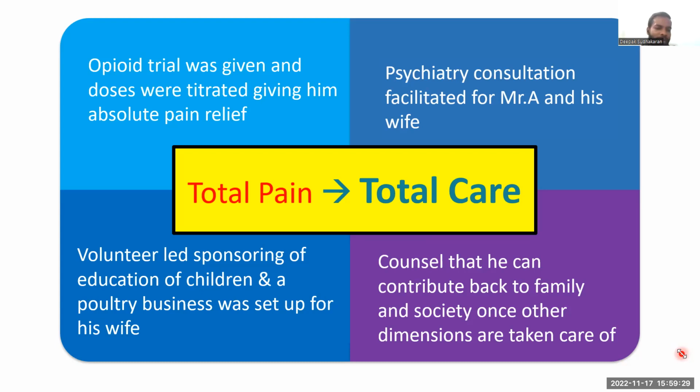So will he become 100% okay? No. But have you helped in adding quality to this person's life? Always remember, in palliative care, it is not about adding days to a person's life, but it is adding life to the days which a person has remaining. This is what all of us are trying to do in palliative care.